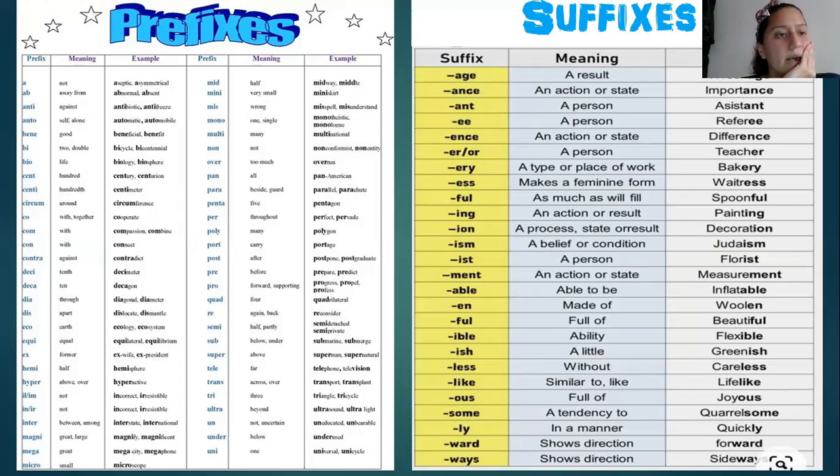Okay. Here we have a lot of examples, but we are going to learn the most important. For example, cooperate, co. When you write co in a word, it's going to mean with or together.